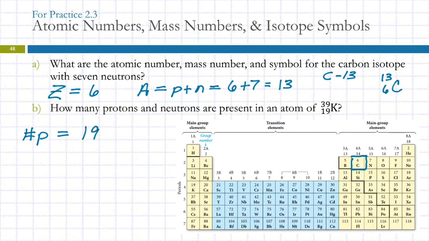So 19 protons, and how many neutrons? 20, yeah, 39 minus 19. So the mass number minus the number of protons gives us the number of neutrons. The number of neutrons is often in the ballpark of the number of protons, but there's really no way to predict it from the periodic table. Any questions?